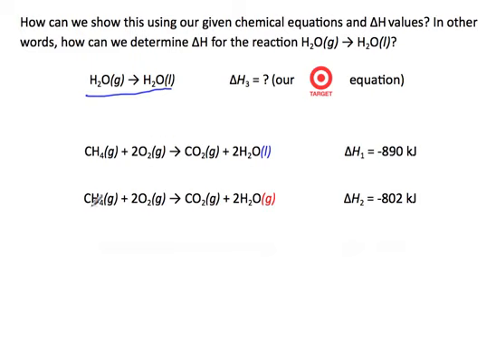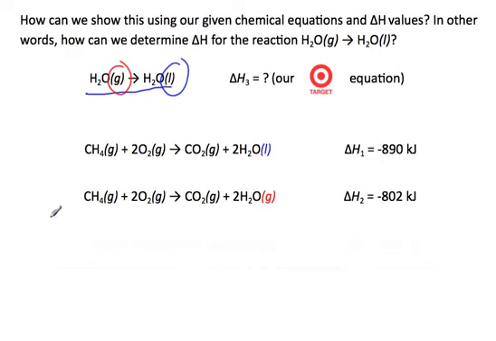Well, you notice everything else is the same, so all we have to do is really concentrate on the water. And so in this target equation, H2O liquid is a product. Well, here's H2O liquid as a product, so we wouldn't want to change this equation. H2O gas, on the other hand, is a reactant in our target equation. Well, here, H2O gas is a product, so this is the one we're going to manipulate.